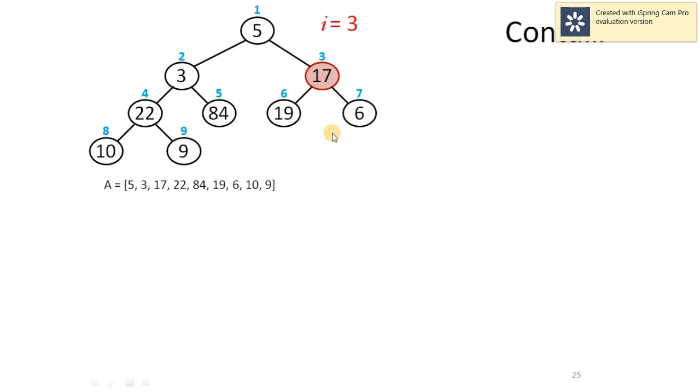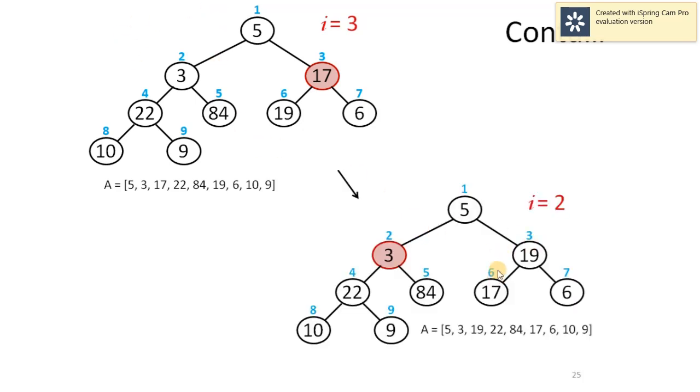They will be compared and 19 and 17 will be swapped. 17 comes at the leaf node, so there is no need to execute max heapify again. The contents will be updated like this: 19 and 17 are swapped.